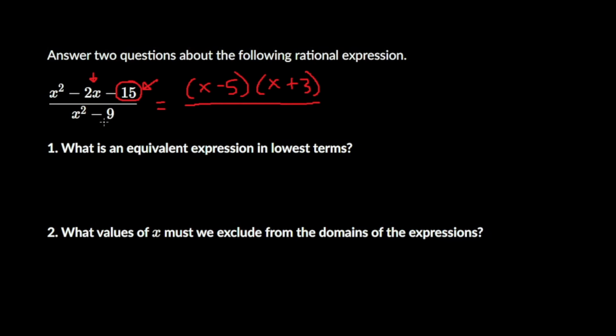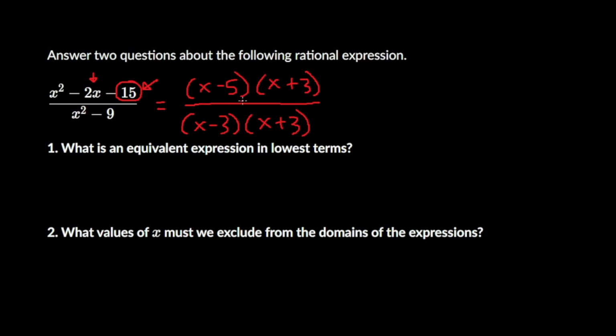Now, what about this? This looks kind of iffy, right? Well, two numbers that multiply to negative 9, but add to 0, because we don't have our b value like I showed in that example. So let's write it down. It's going to be x minus 3 and x plus 3.